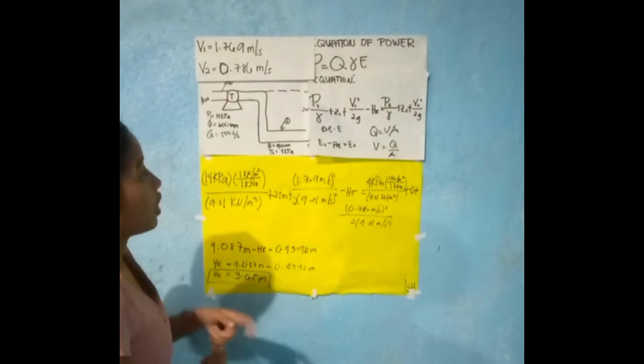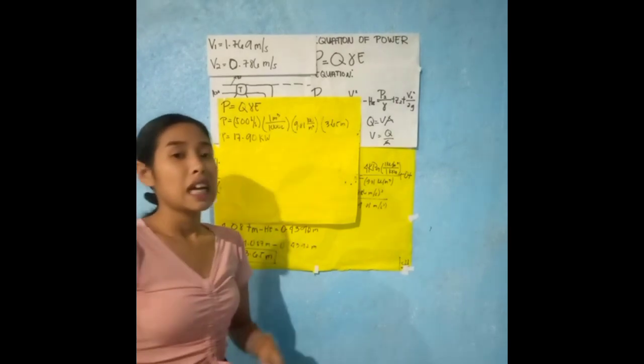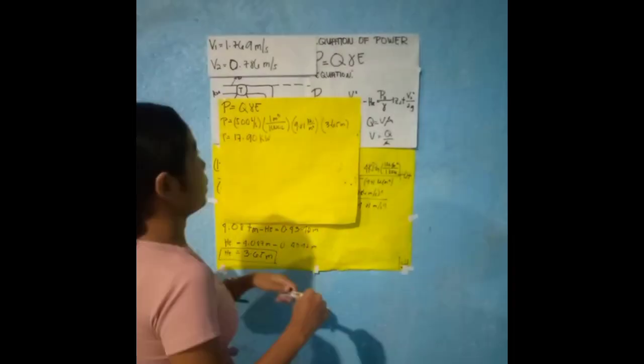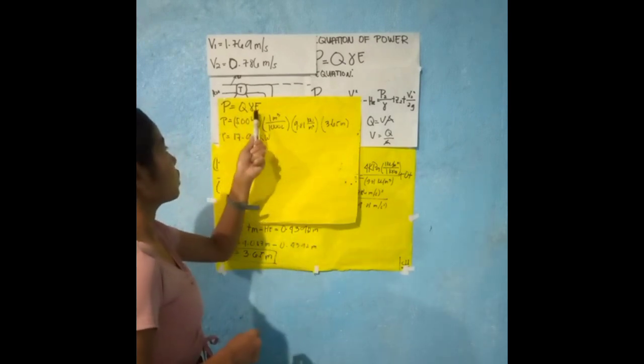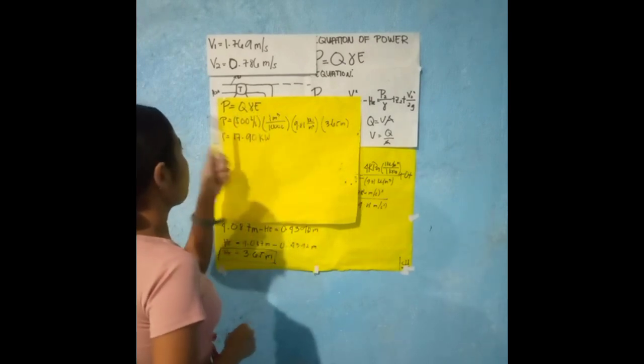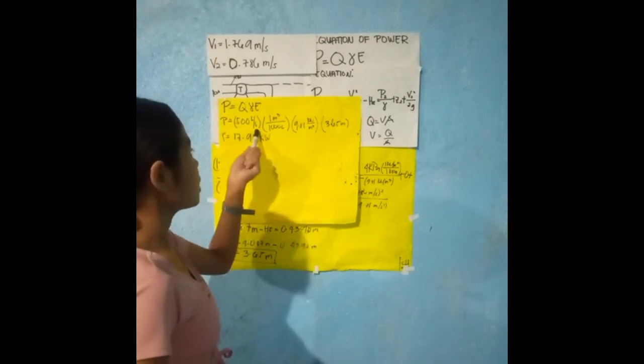And now we can already solve our power. Our equation will be power is equal to Q times unit weight times E. So P is equal to our Q, which is 500 liter per second.